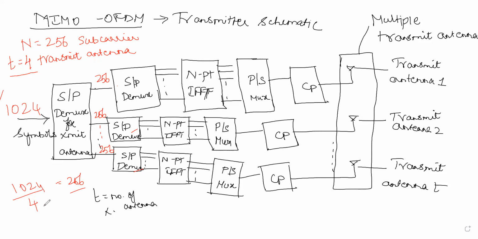So 1024 divided by 4 is equal to 256, and each path has 256 subcarriers. The symbols are divided into four groups of 256 subcarriers, converted and modulated, and the data is transmitted through the 4 transmit antennas. So this is an example of the MIMO OFDM transmitter schematic.